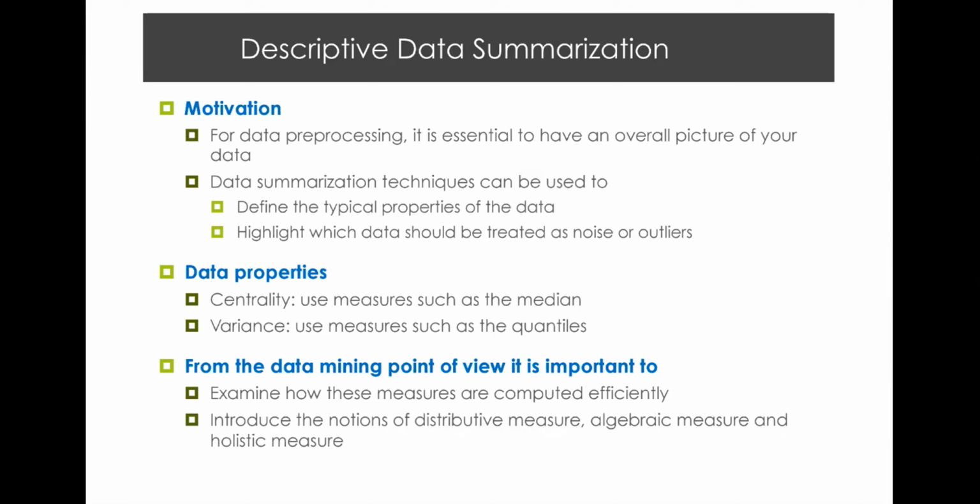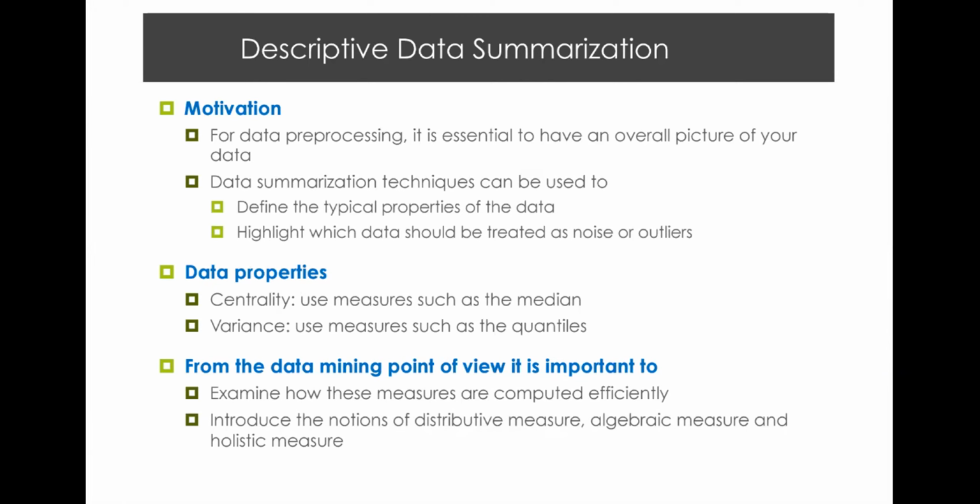Data summarization techniques can be used to define the typical properties of the data and highlight which data should be treated as noise and outliers. Here the data properties are generally represented by centrality and variance. For centrality, we use measures such as the median value, and for variance, we use measures such as quantiles.